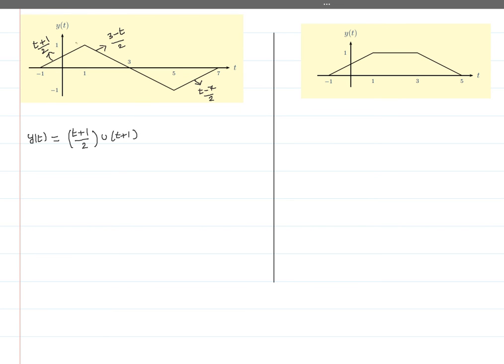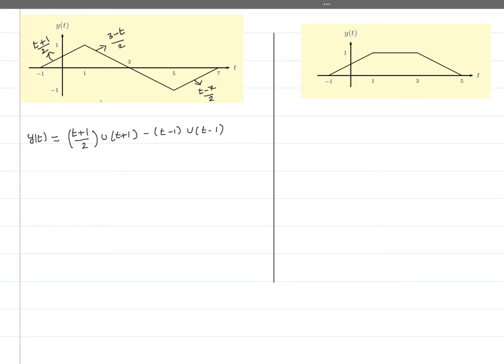And at +1, the slope changes from 1 by 2 to -1 by 2, and hence we should add a signal with a slope of -1 at 1, and hence we will get minus of (t minus 1) times u of t minus 1. So why is this correct?